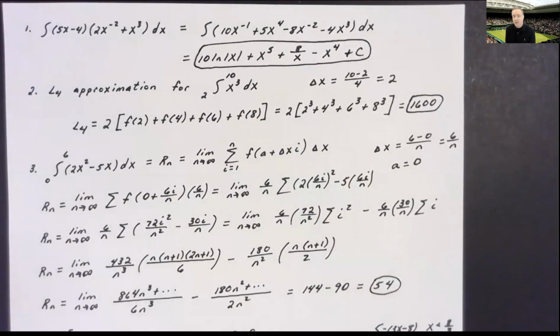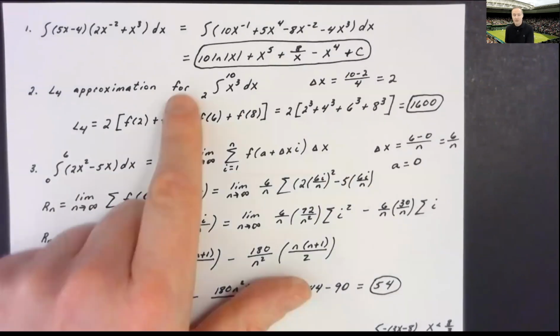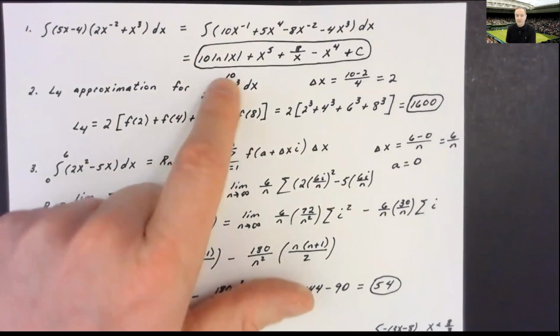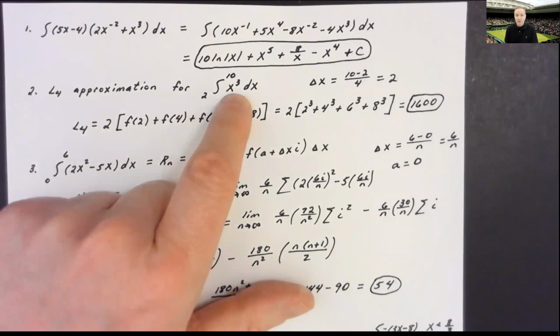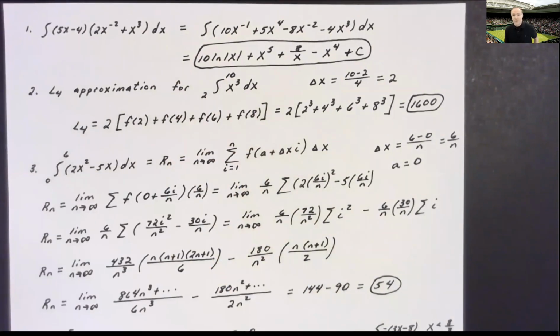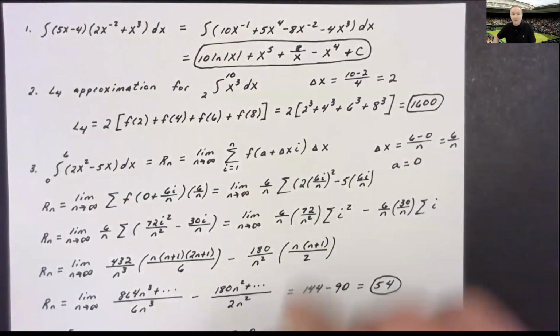For the next problem here, I asked you to approximate the area under the curve x cubed from 2 to 10. In order to do that, I'll go ahead and use the left-hand approximation.